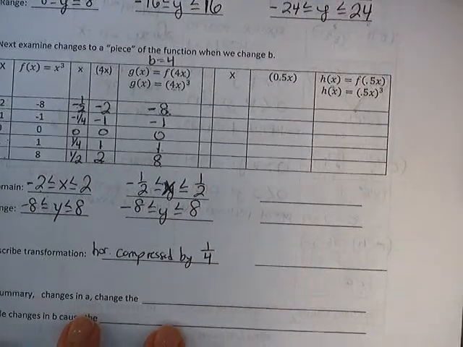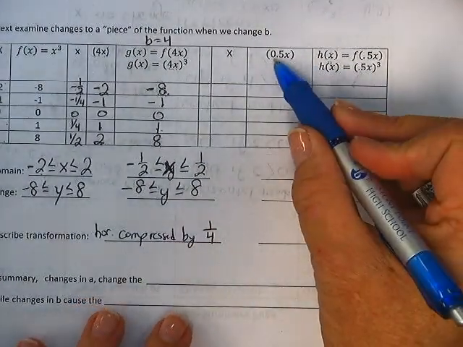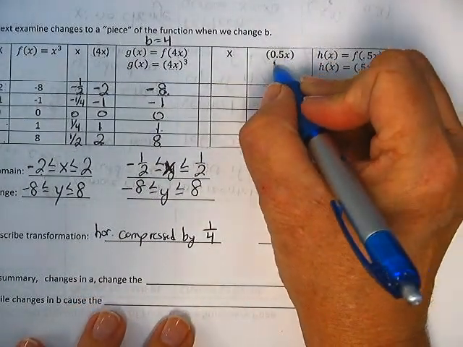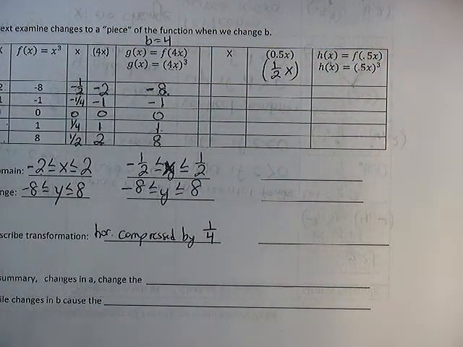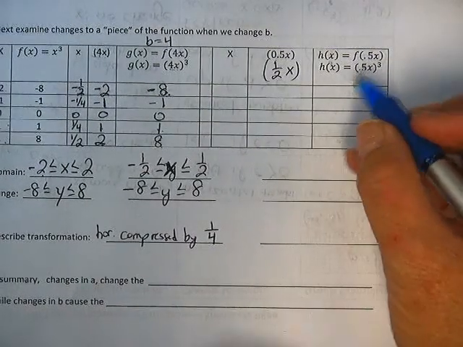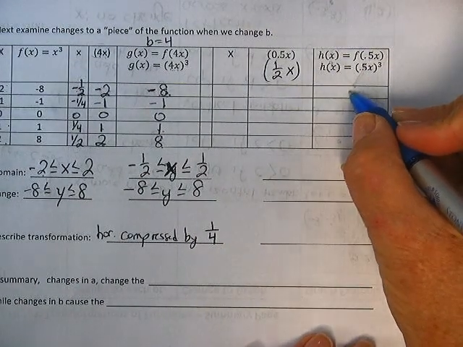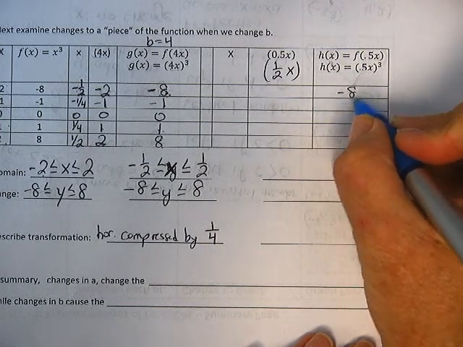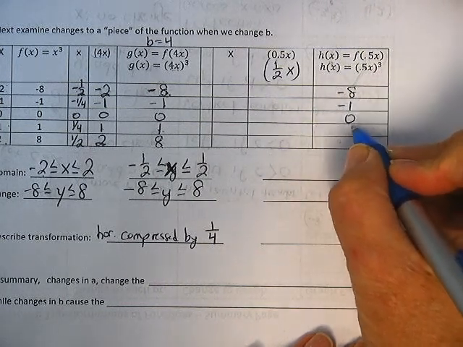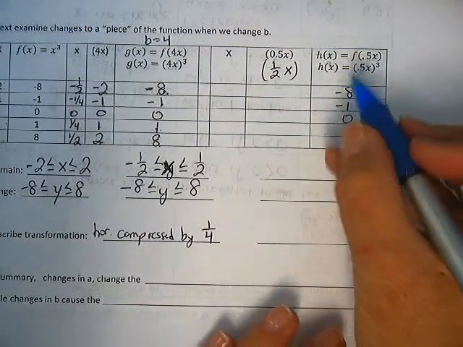Okay, let's take a look when we let our b value be a fraction. So if we say b is 1/2 x, I'm just putting the 1/2 so we can remember what that is. We want our y values to stay the same, our domain, our range. So it's -8, -1, 0, 1, and 8.